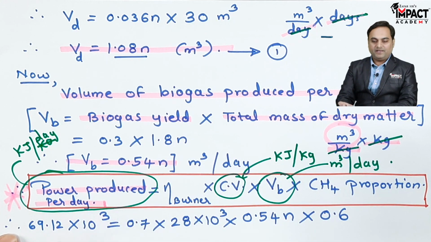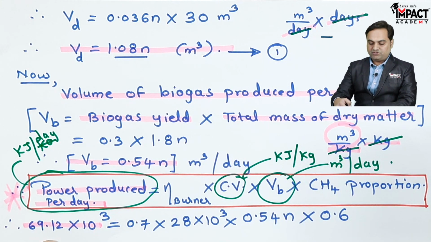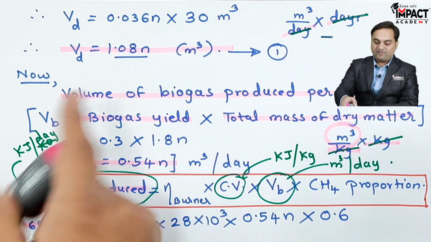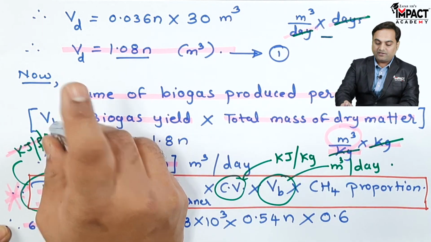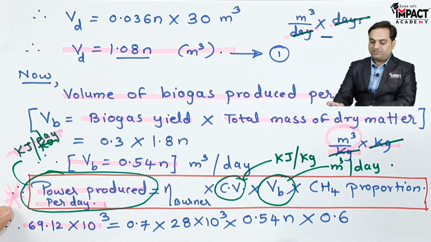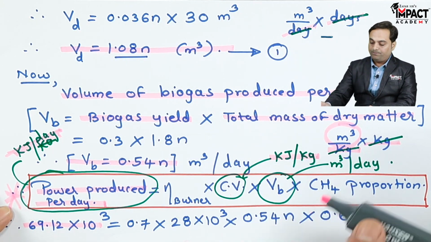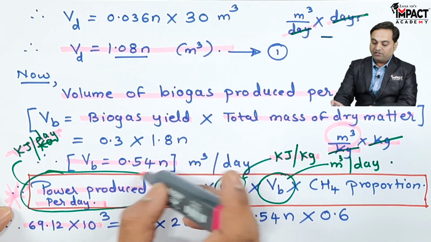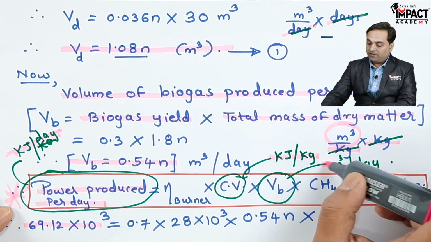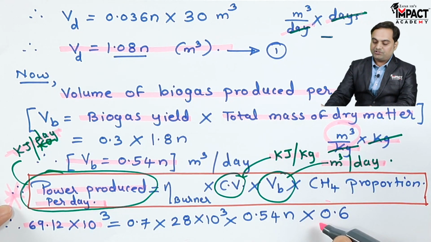Power produced per day, I have converted in the data. It was given in kilowatts, so converted into kilojoule per day, and here I have written what units we require. Power should be in terms of kilojoule per day. Burner efficiency is 0.7. Calorific value should be in kilojoule per kg, given in the problem. V suffix b is 0.54 into n in meter cube per day. The CH4 proportion, the methane proportion, is 0.6.